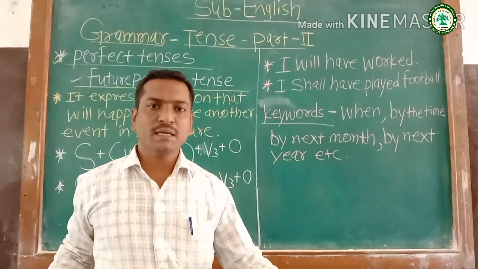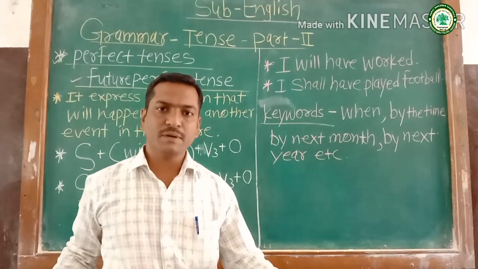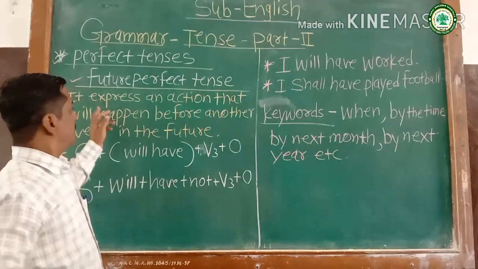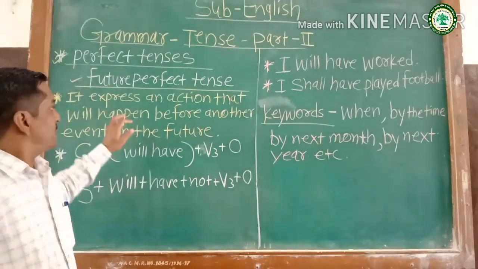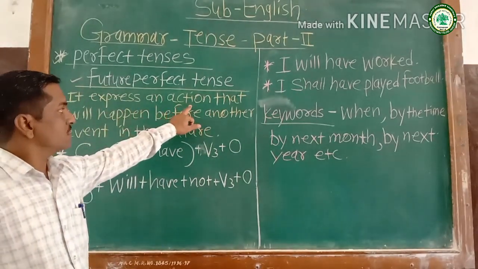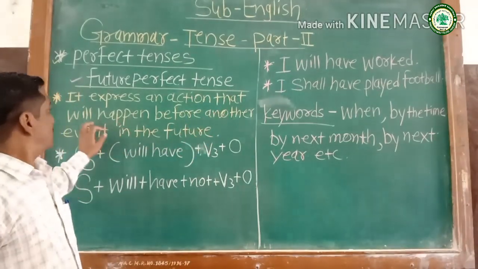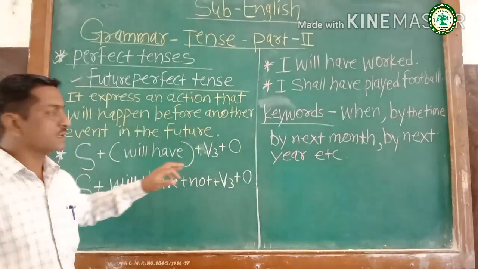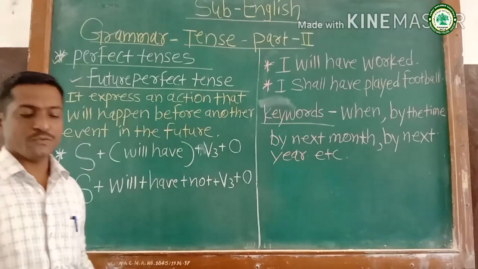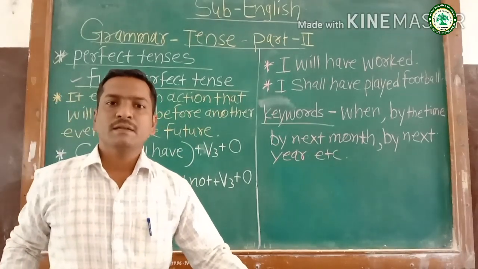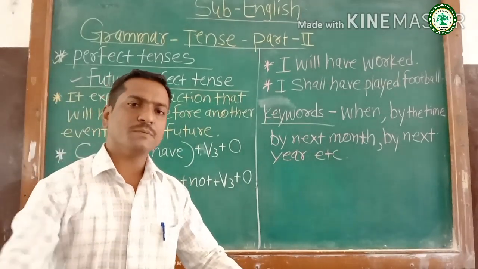Let's know the other perfect tense, that is future perfect tense. Future perfect tense expresses an action that will happen before another event in the future. Students, let's know the structure of future perfect tense.